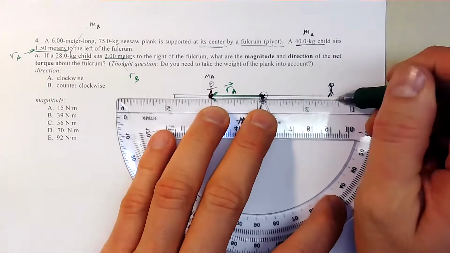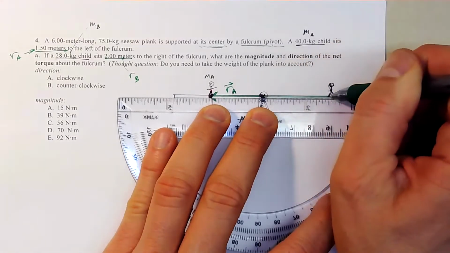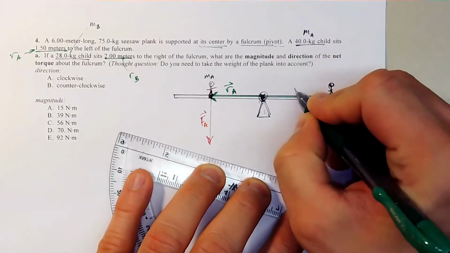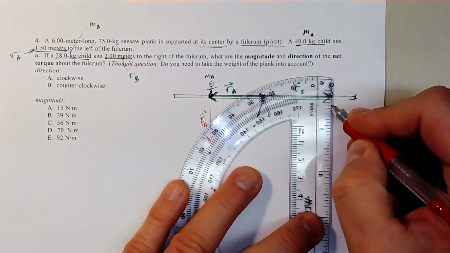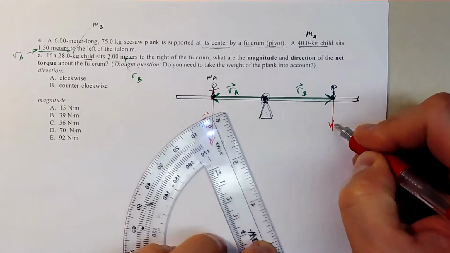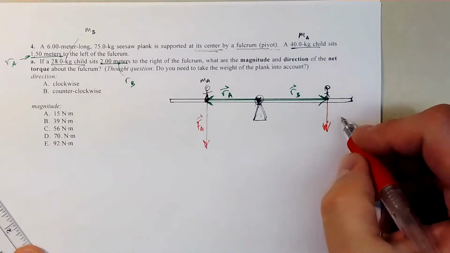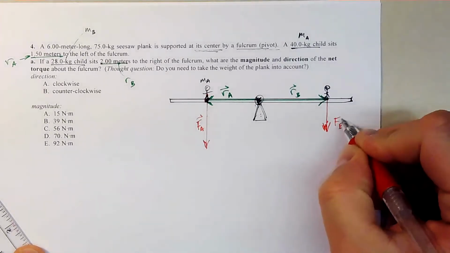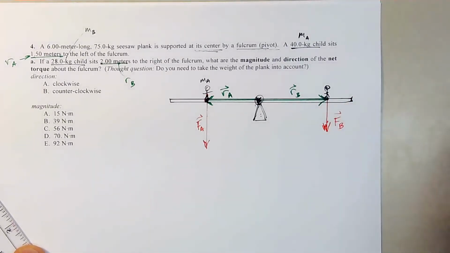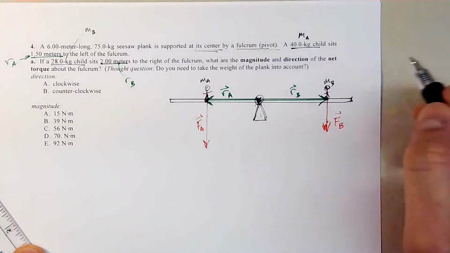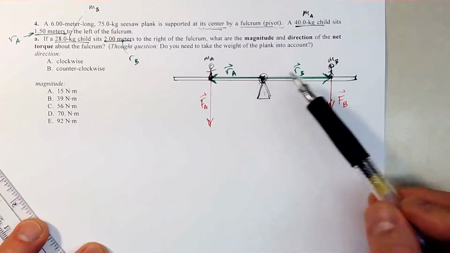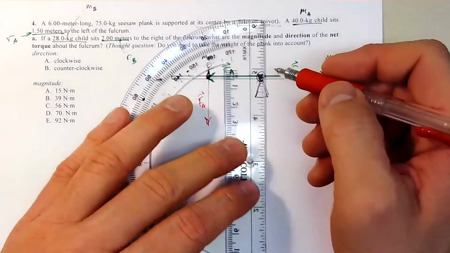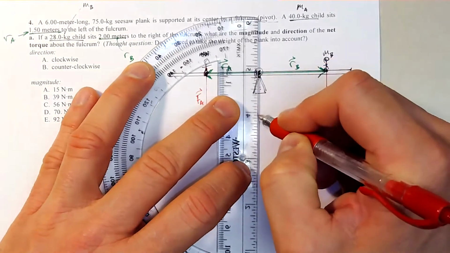So that's going to be this vector right here. And child B does weigh less. All right. Now, just briefly, the seesaw plank itself has some weight, right?